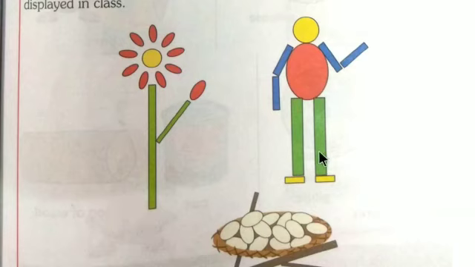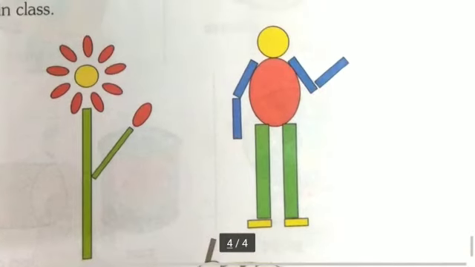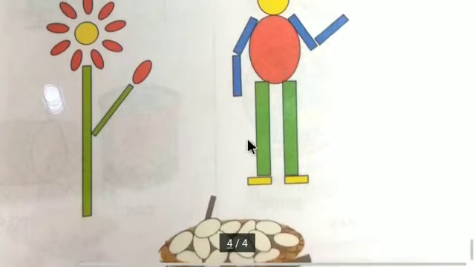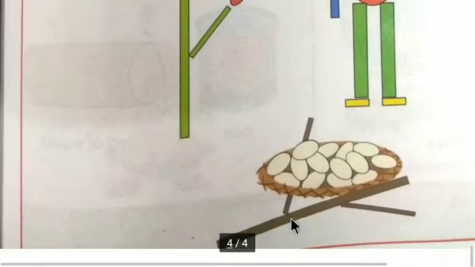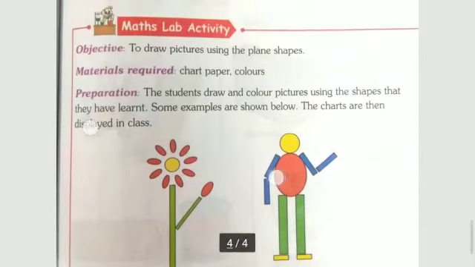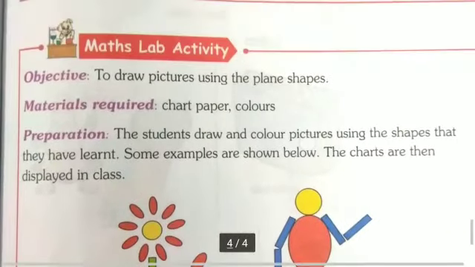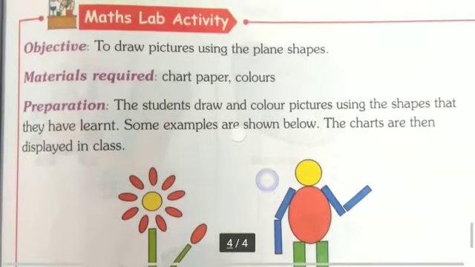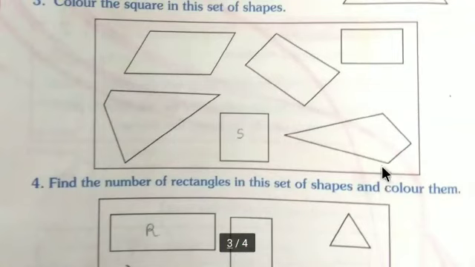Here there is one man in this picture, a cartoon of a man made using shapes. Okay, so you can do this on your chart paper. This is not compulsory, but you have to complete exercise number 5.1 in your homework.